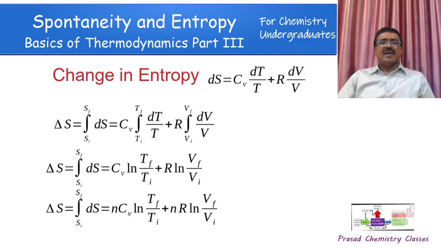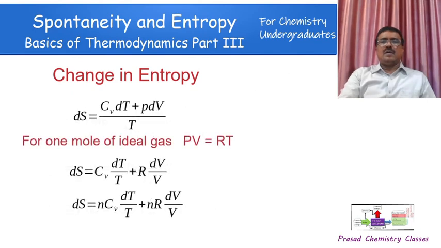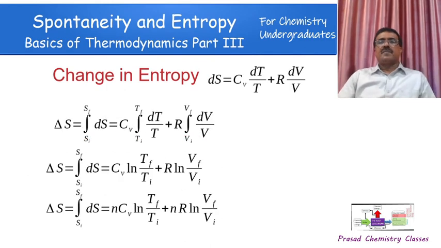Now you can do the integration to find change in entropy. The integral of dS from S1 to S2 equals the integral of Cv dT by T from Ti to Tf plus the integral of R dV by V from Vi to Vf.